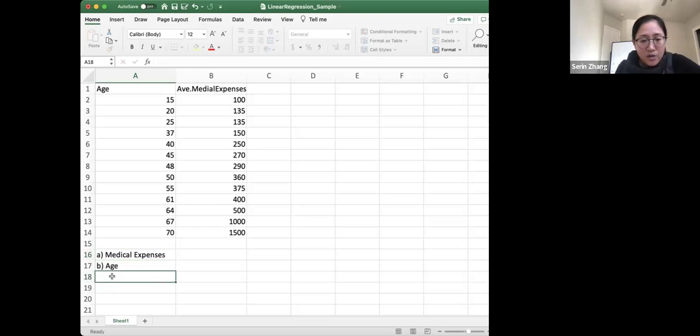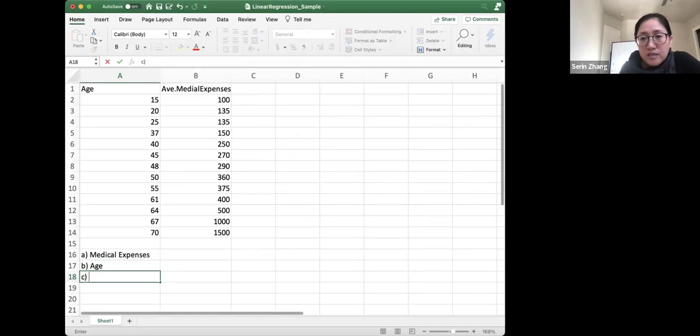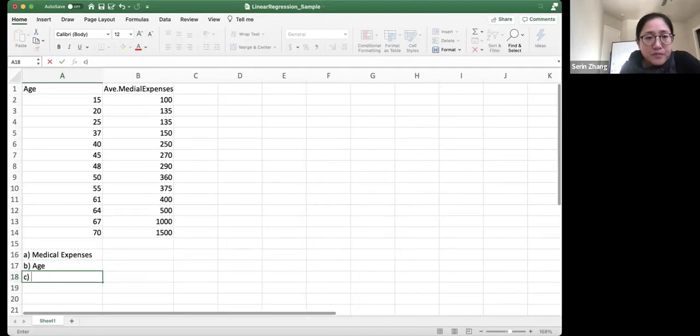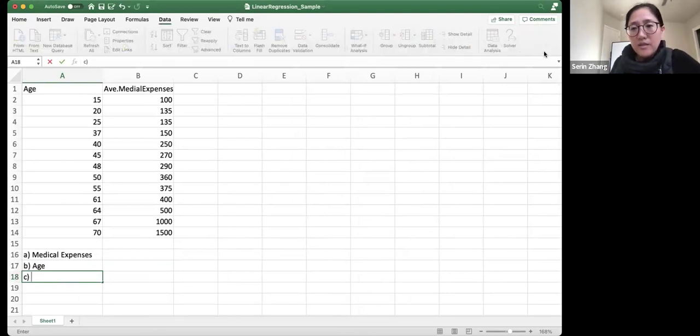Okay. And part C is asking to perform a simple linear regression using Excel and put the output table from D1. So to conduct the simple linear regression, go to the Data ribbon and there's Data Analysis.